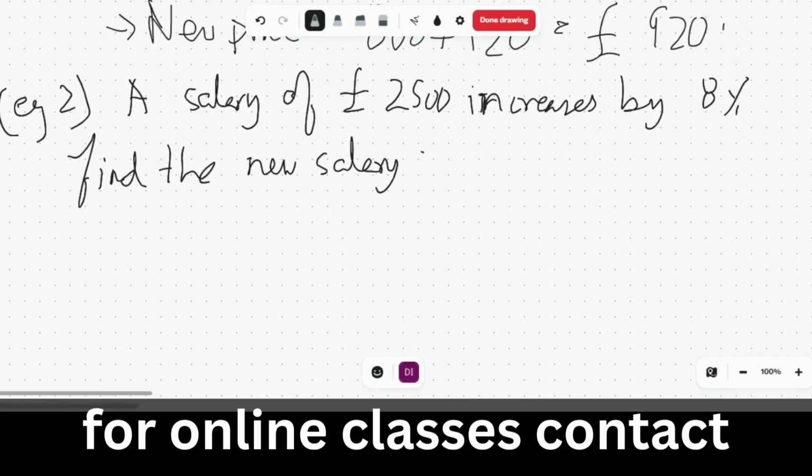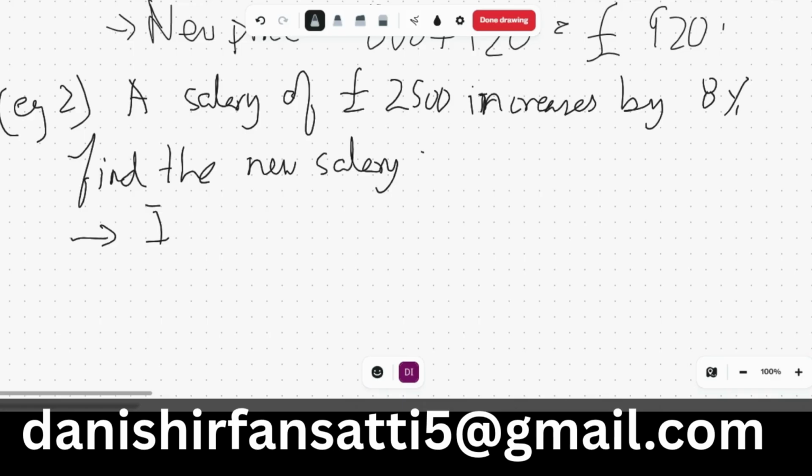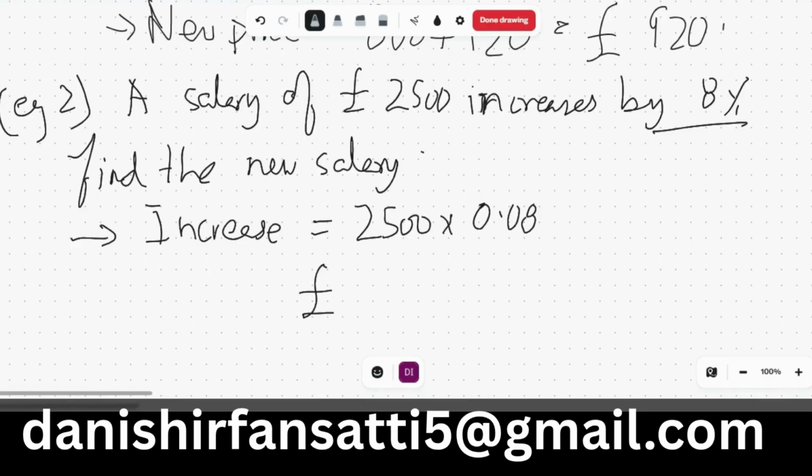So how are we going to do it? First, we are going to find the increase, and then we will add that increase to the original value. So increase is simply equal to 2500 into 8%. 8% means 8 divided by 100, so that would be 0.08, and that is equal to 200 pounds.